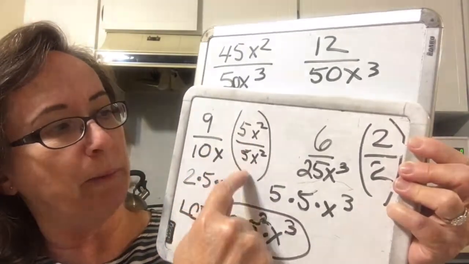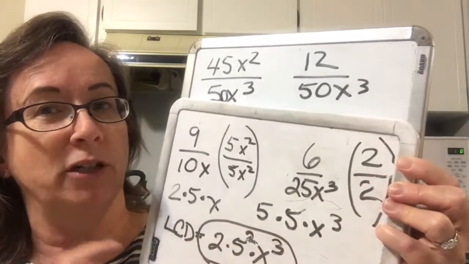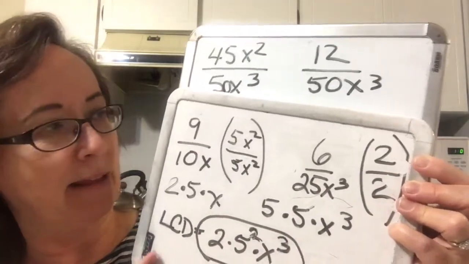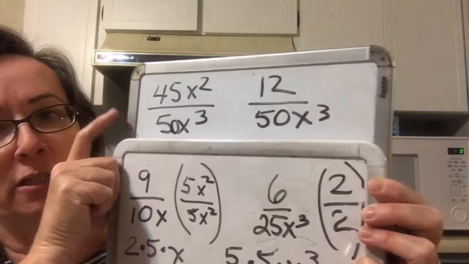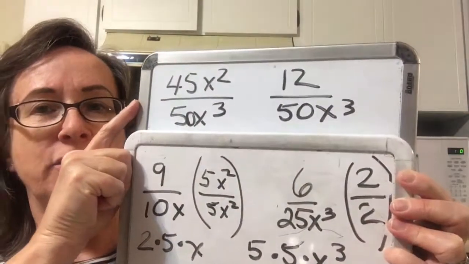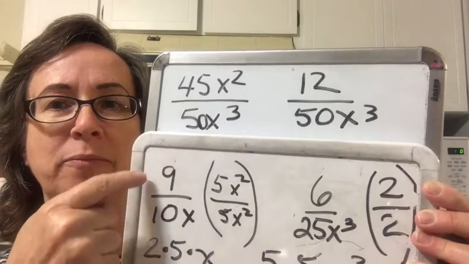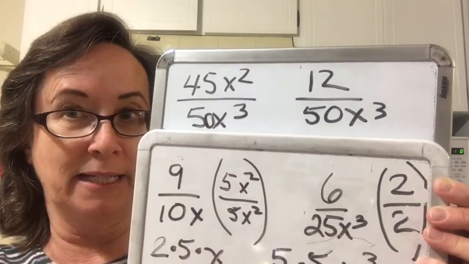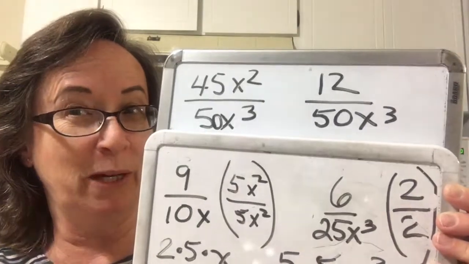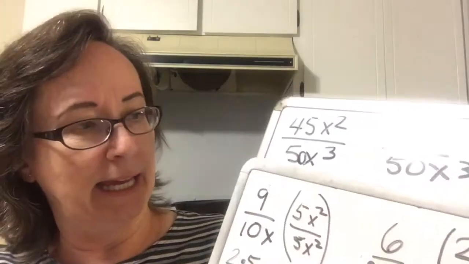You're always multiplying by 1, so you never change anything. And then when you look at the new rational expressions up here, don't they mean the same thing as the original rational expressions? We're going to be working on that a lot in the time to come.